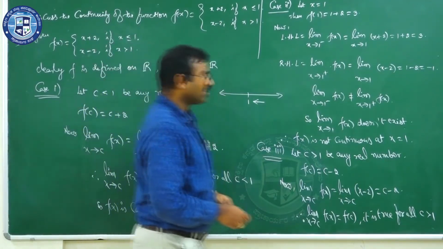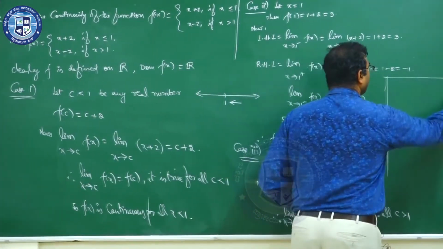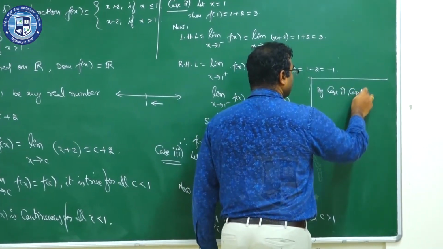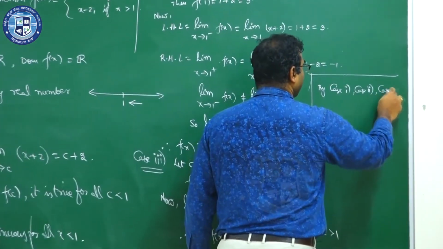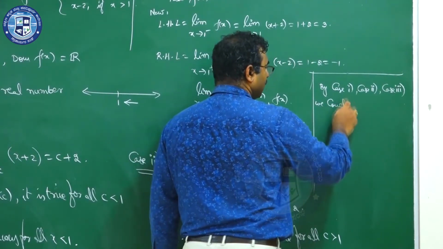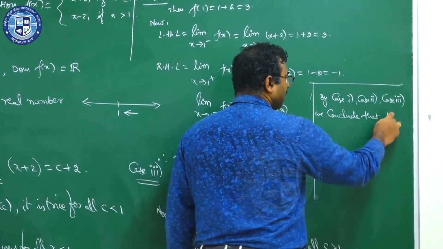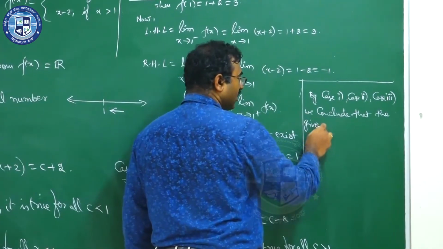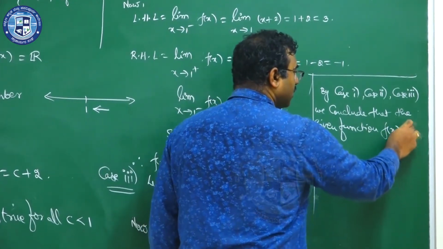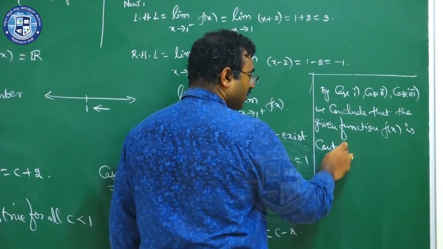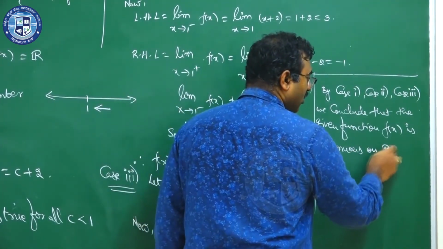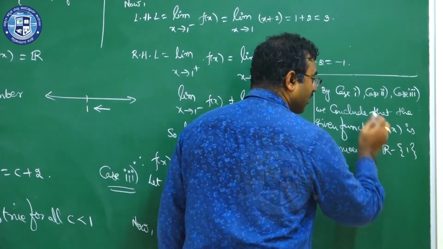By case 1, case 2, case 3, what can we conclude? We conclude that the given function f(x) is continuous on R minus singleton 1.